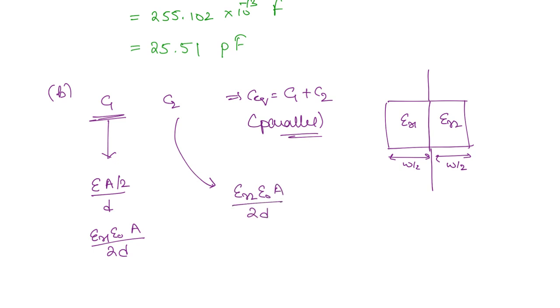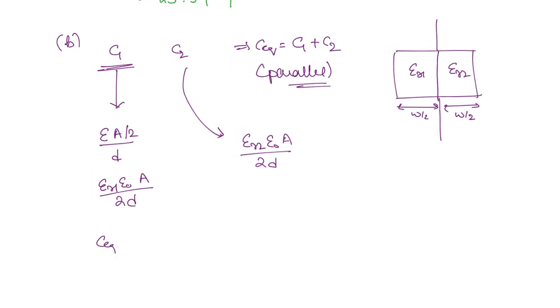So from here C equivalent is equal to epsilon naught A by 2D, taking out the common factor, epsilon r1 plus epsilon r2. You know all the values here: epsilon naught, A, D as well as the relative permittivities. So the final answer you are going to get is 26.53 picofarad.